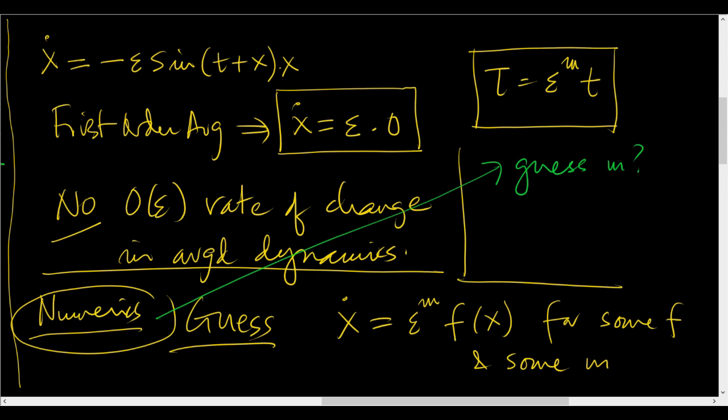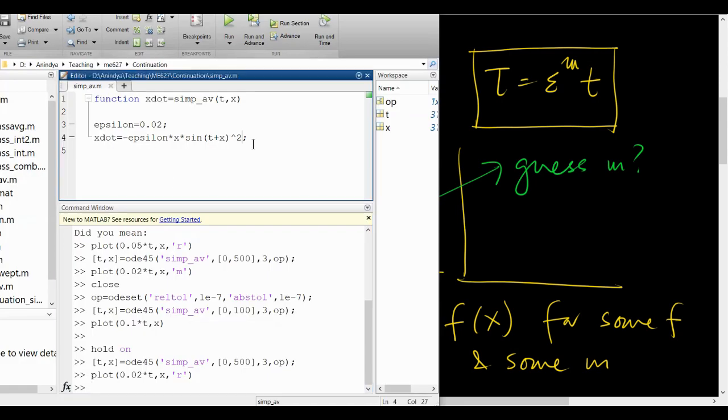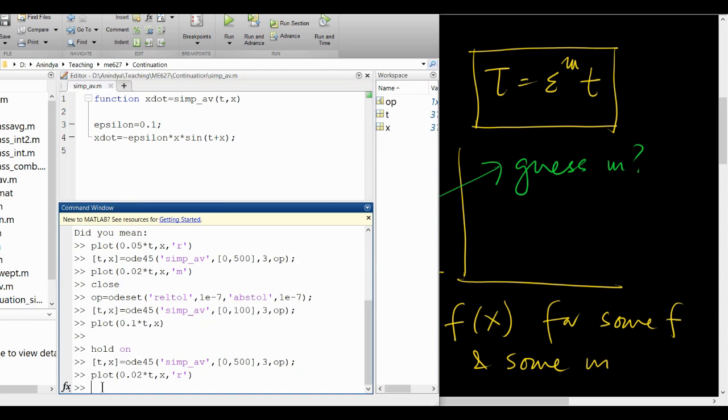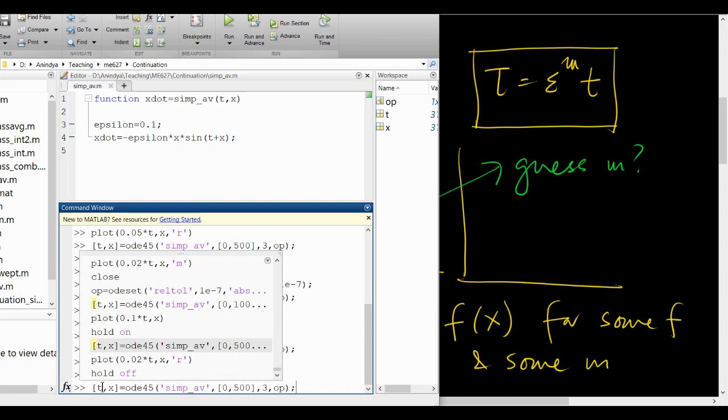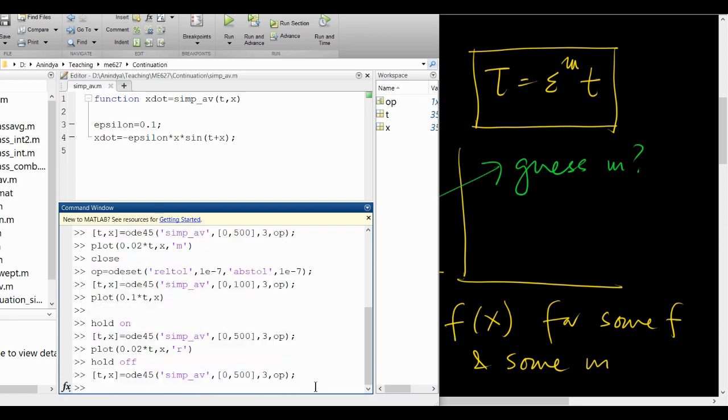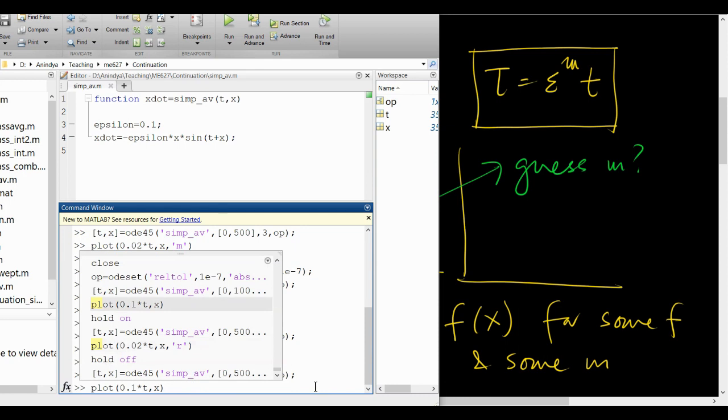Back to MATLAB. Over here I remove this square. I go back to 0.1. I say hold off. I expect a longer time period is needed to show me any change. So this time I will do till 500. This integration, and then I will plot this one, but I am guessing that maybe m is 2.